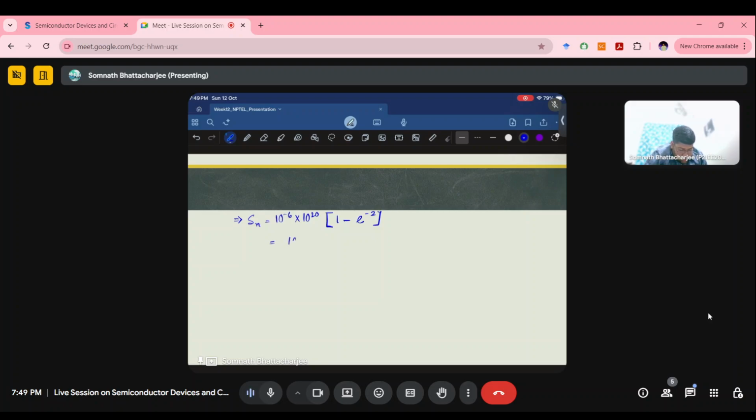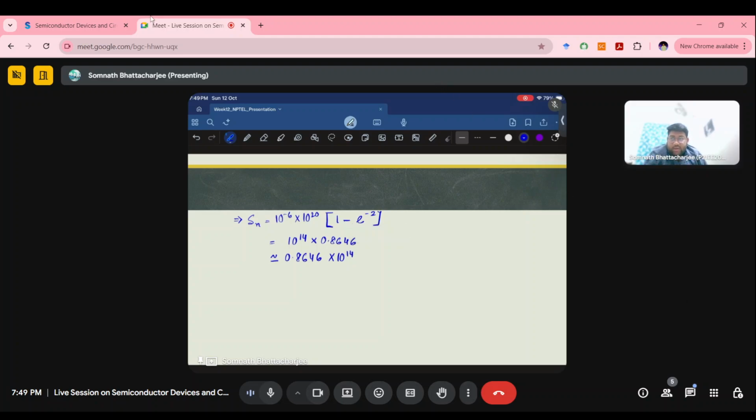So this is 10 to the power of 14 multiplied by 0.8646, something like this. So I guess this is the answer.